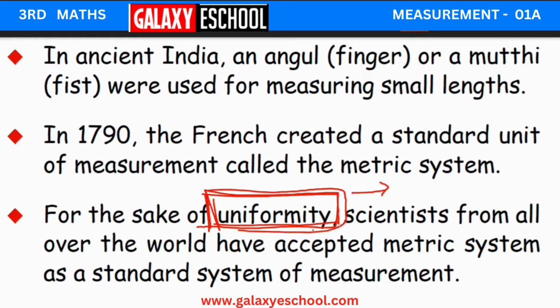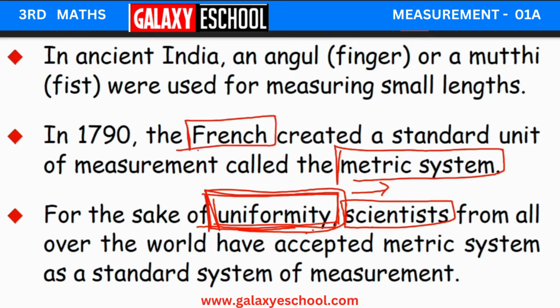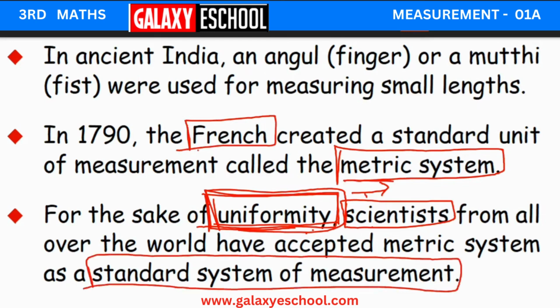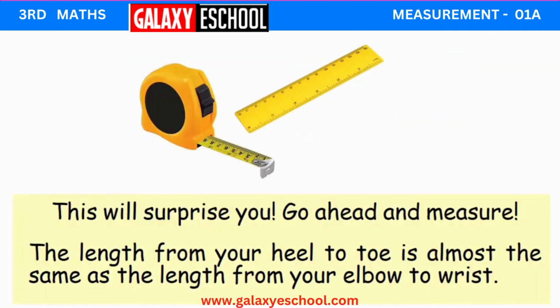It should be uniform. So to achieve this uniformity, what did all our scientists do? They all accepted this metric system introduced by the French people. This metric system has now become the standard system of measurement. It is what we use nowadays. It is called the metric system.